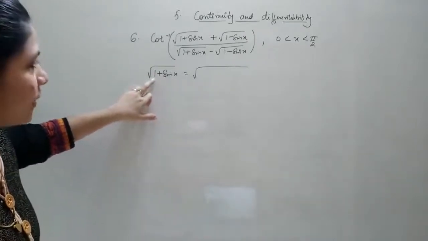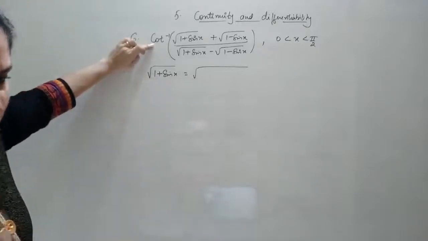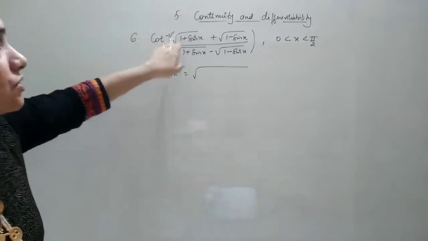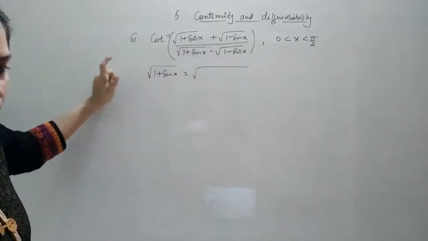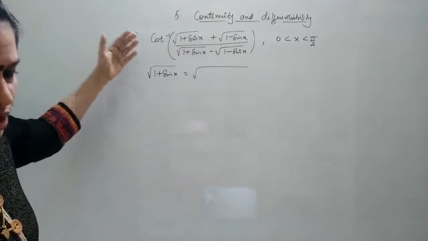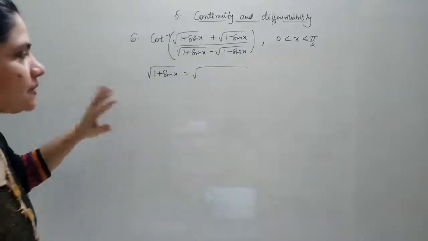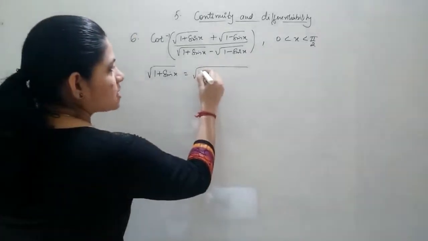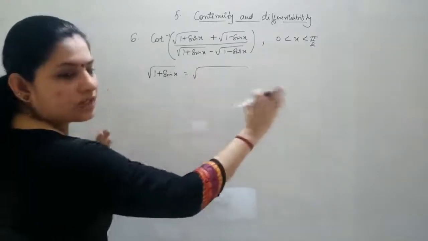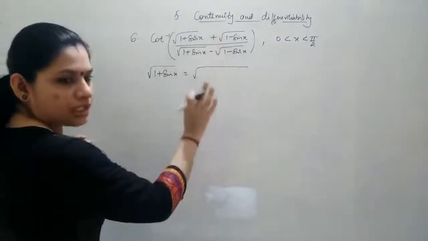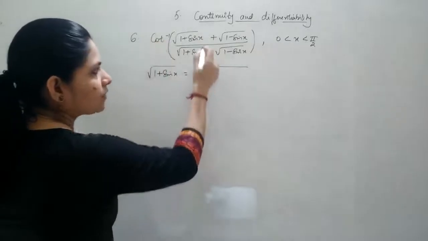Since you have cot inverse here, you should get the inside term as cot of something. To get cot, I need cos in the numerator and sin in the denominator. That's why I am writing cos first and then sin, because when you have a negative sign in between, sin will get cancelled and cos will remain in the numerator.